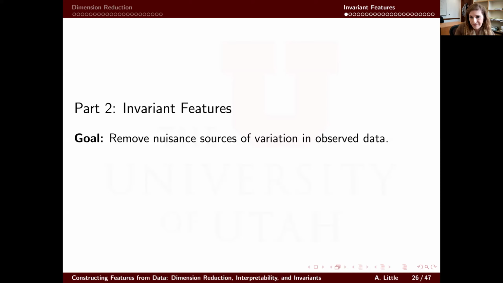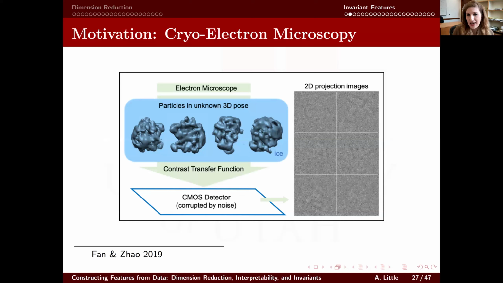The work that I have done related to this has been inspired by applications like cryo-electron microscopy, where you get a bunch of images of molecular structures, but what you see coming out of your microscope is incredibly noisy. And within each noisy image, you have a molecular structure that can be translated all around. It can be appearing in any spot. It can be rotated. And then you have this sort of projection from 3D to 2D.